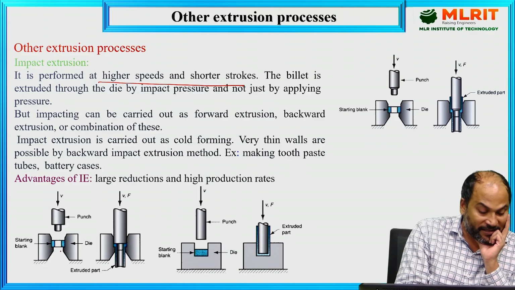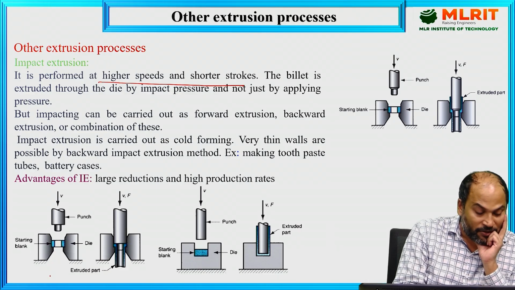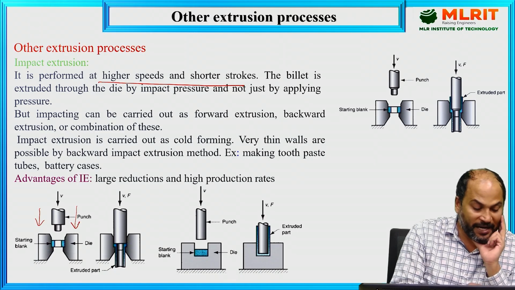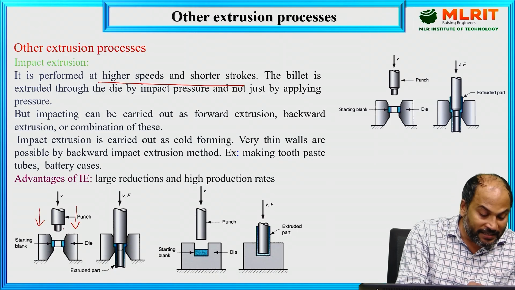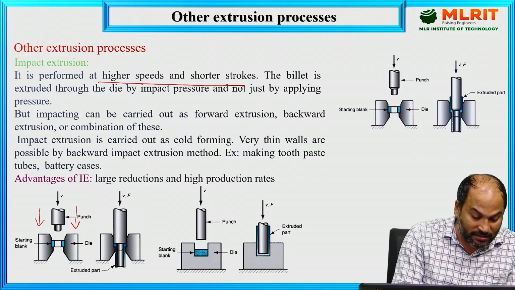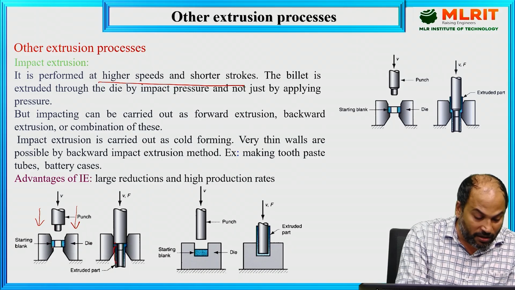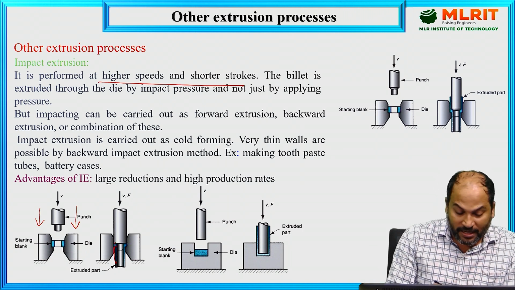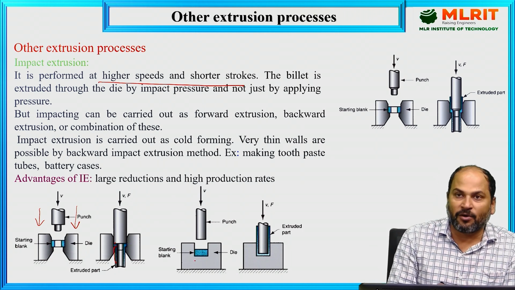Here is our workpiece, and through this punch we are applying the force. Once we apply it, the punch moves in the downward direction, and see this specimen, it is going up. So it is in the opposite direction. Here also you will see it is in the opposite direction.